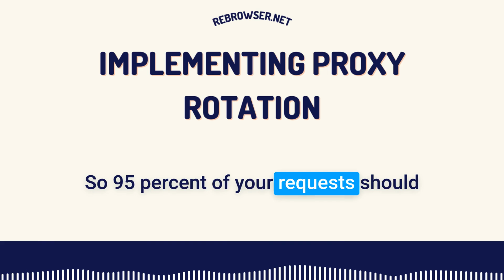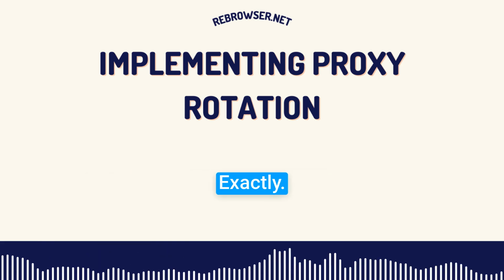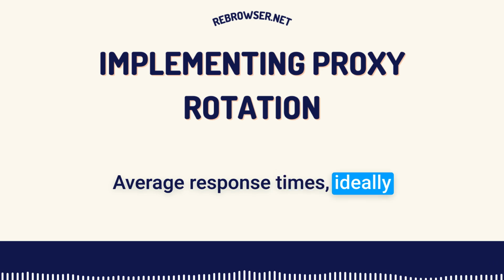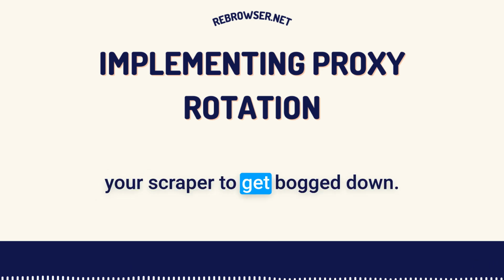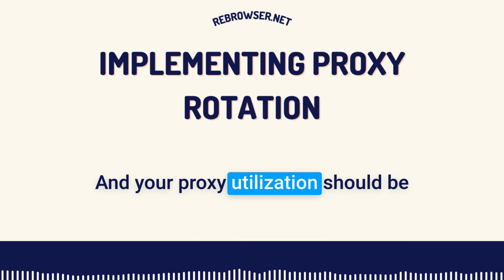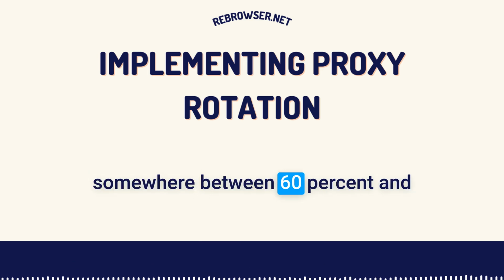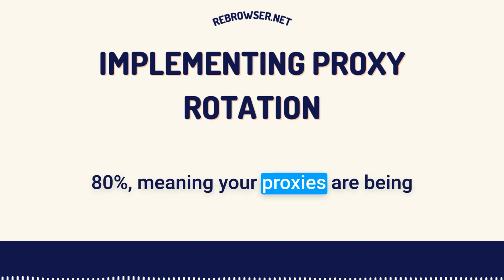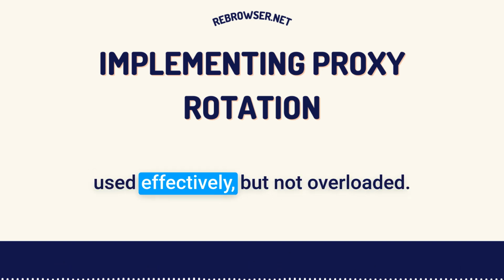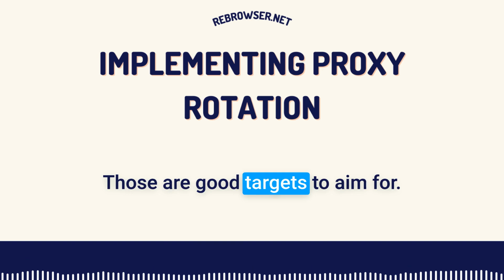So 95% of your requests should be going through without a hitch. Exactly. Average response times, ideally under 2 seconds. You don't want your scraper to get bogged down. And your proxy utilization should be somewhere between 60% and 80%, meaning your proxies are being used effectively, but not overloaded. Those are good targets to aim for.